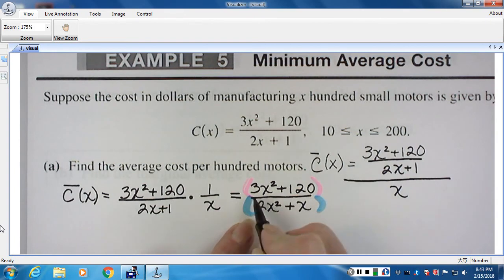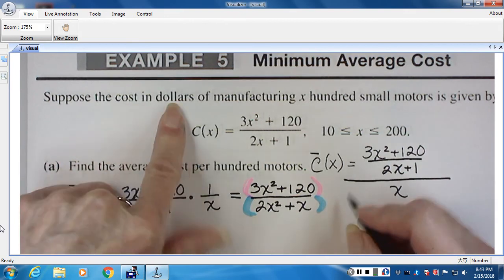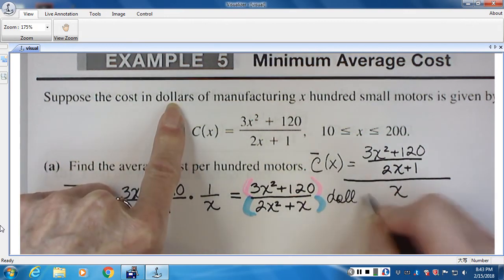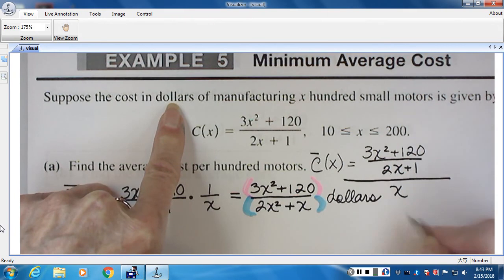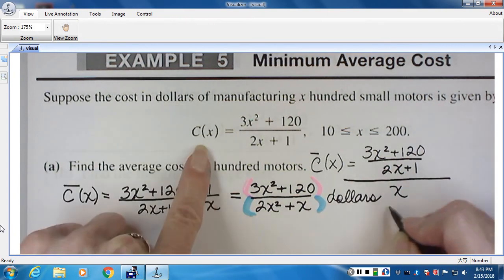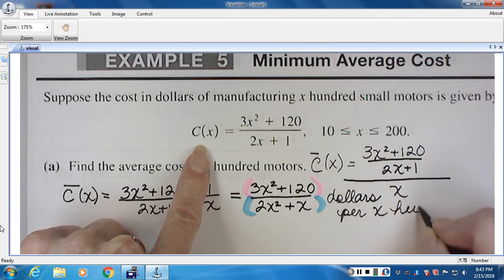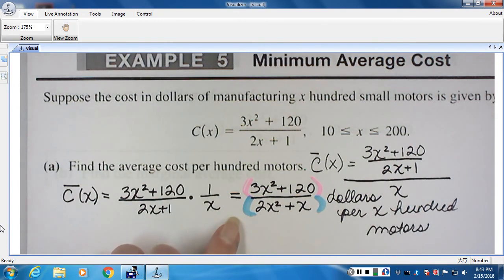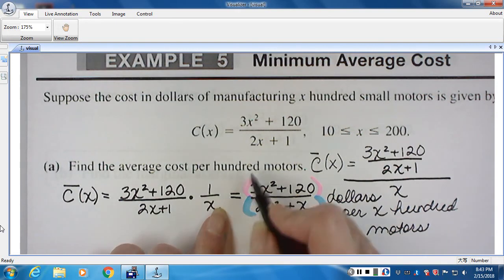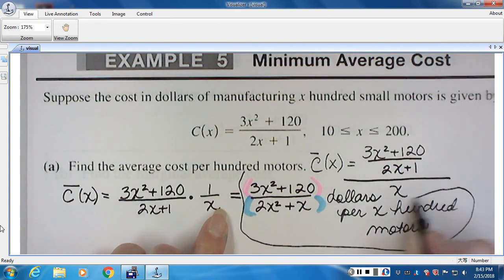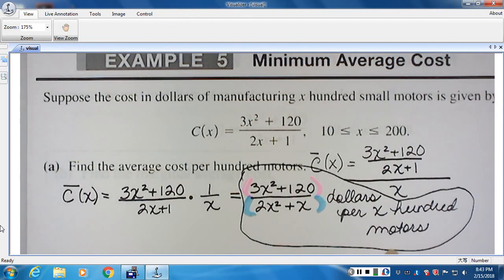So this is 3x squared plus 120x over 2x squared plus x dollars per x 100 motors. So this is your average cost function. And it includes both the algebraic expression and the units that tells you how it's measured.